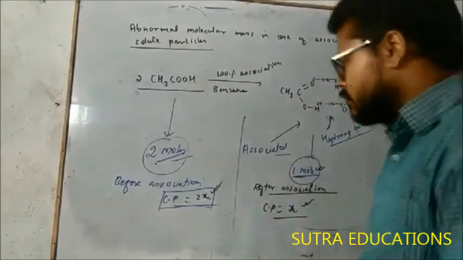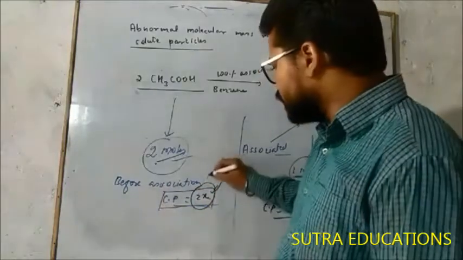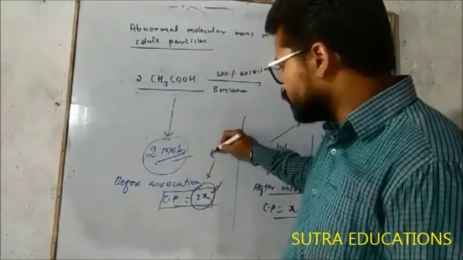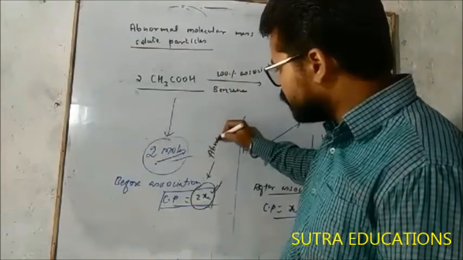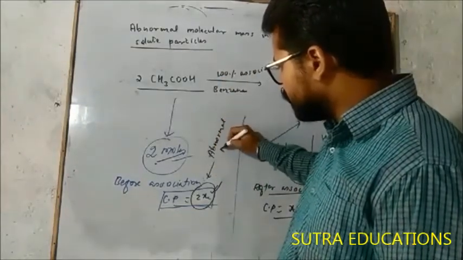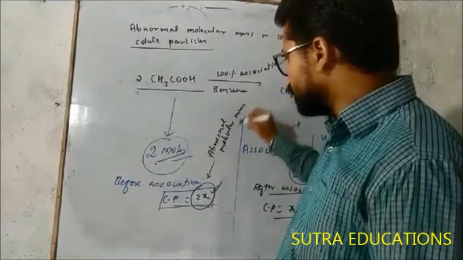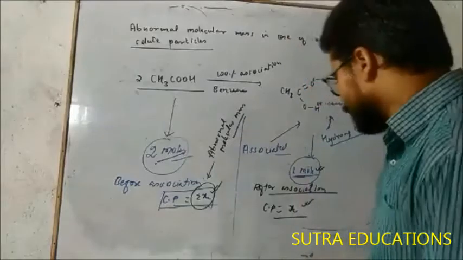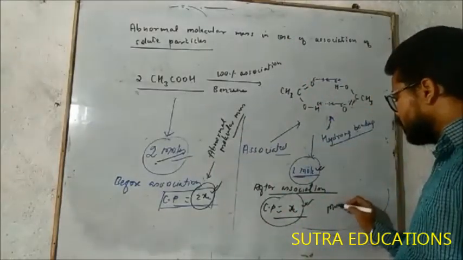Okay, so here since colligative property is more, it means molecular mass will be less, means abnormal molecular mass will be less. Here colligative property is less, means abnormal molecular mass will be more.